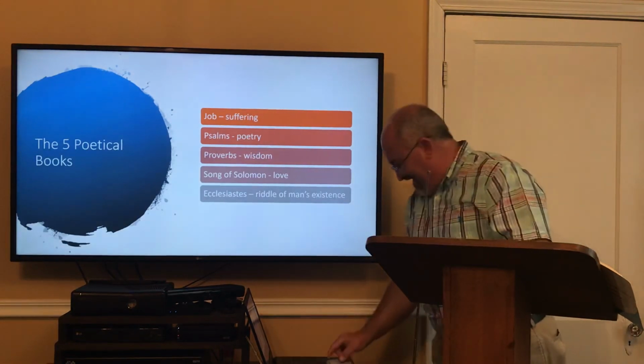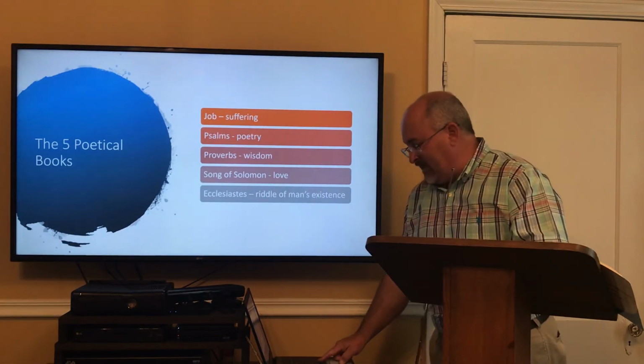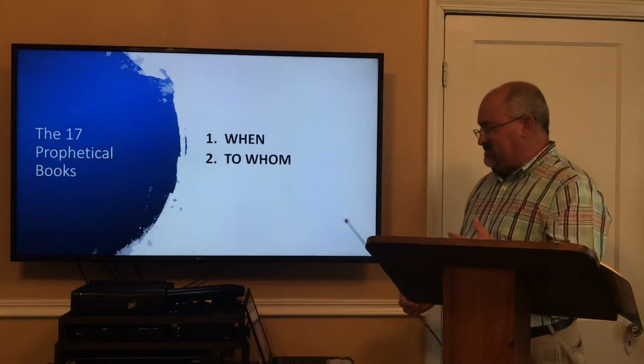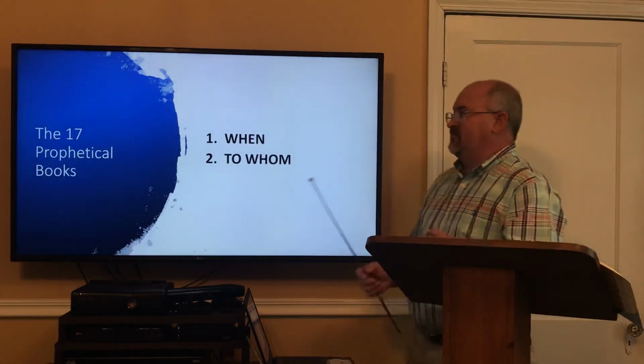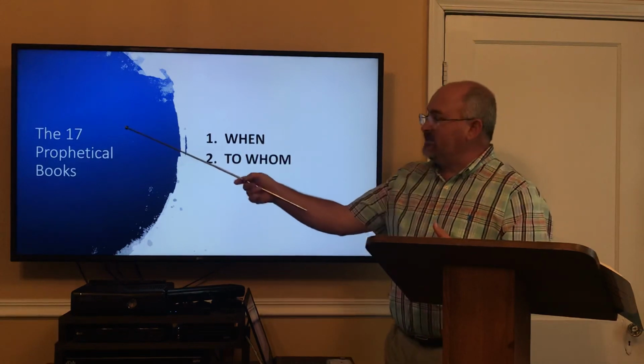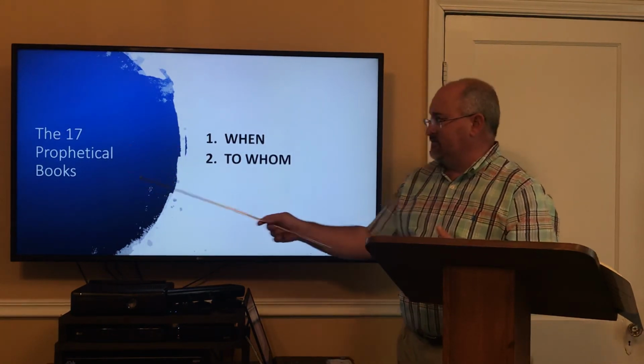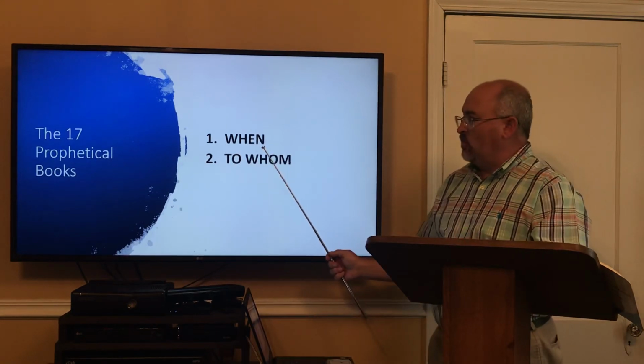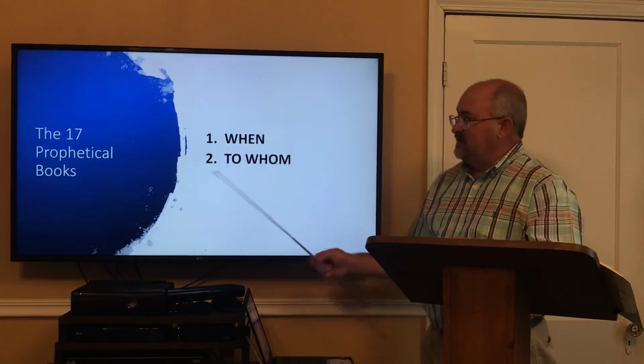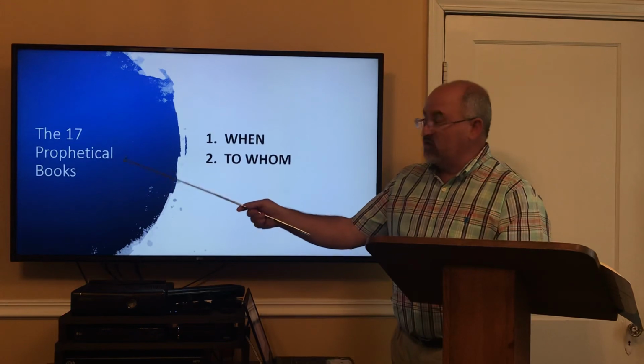Very good. All right. I hope you're following along and absorbing some of this into your memory so that you'll have it forever. Now, as we look at what to find in the 17 prophetical books, it's important to know when the person preached. Now, all the prophetical books are sermons.